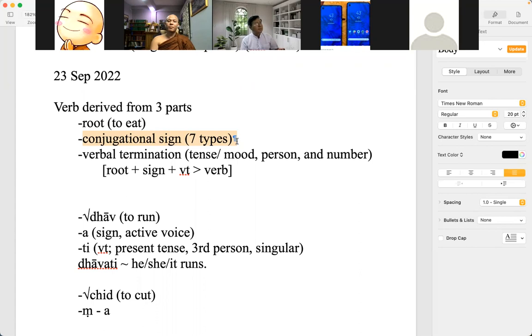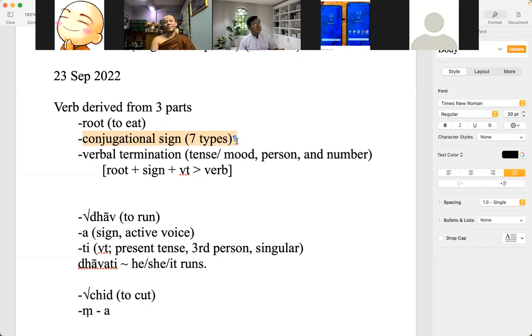So given that, would the conjugational sign just be extra? Let's say dawa is "to run." If you just say dawati without the sign, I would say, oh okay, dawa is "to run," and ti is third person singular present tense, so I would know "he, she, or it runs." So what is the purpose of this conjugational sign when I already know the meaning from the root and the verbal termination?